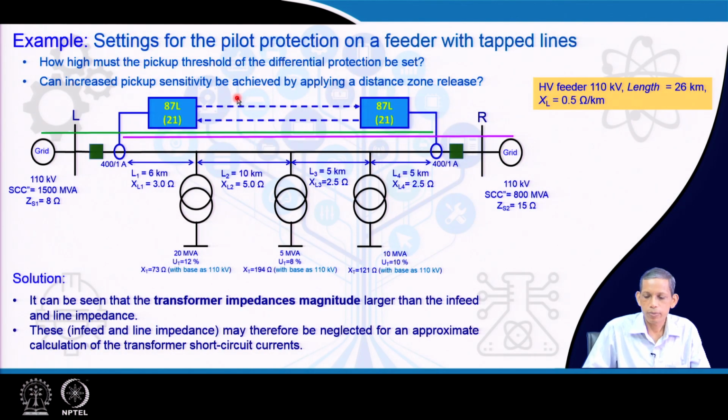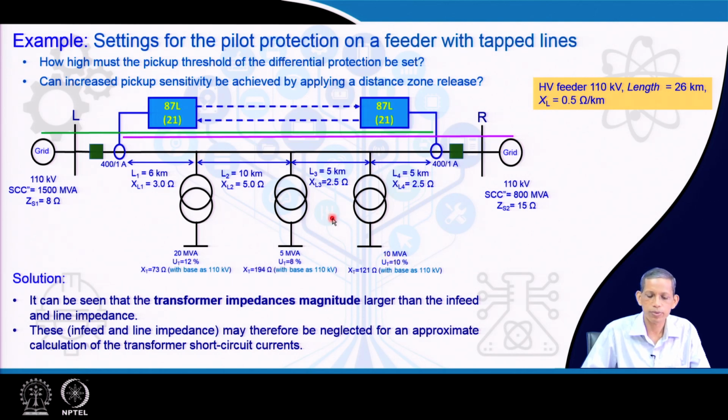Now, let us go to an example, it will clarify better what we intend to address here. Here we have the grid connections, we have a feeder here, and at different points of the feeder we have taps connected via transformers: 20 MVA, 5 MVA, 10 MVA transformers.